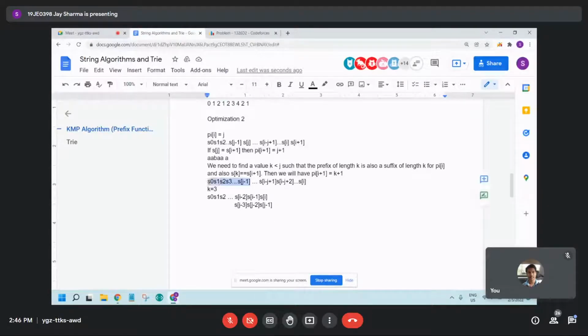So basically now we have only to find the length of the longest prefix which is also a suffix of this part, the s of 0 to s of j minus 1 part.